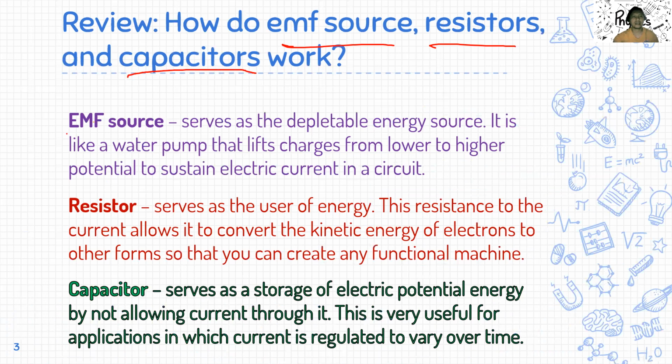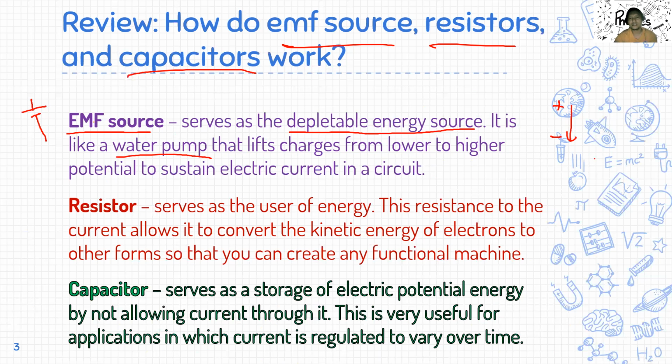First, the EMF is the voltage source, right? So, they serve as the depletable energy source. For example, your everyday battery is like a water pump that lifts charges from lower to higher potential. Supposedly they would fall from higher to lower potential, but this is an energy source.